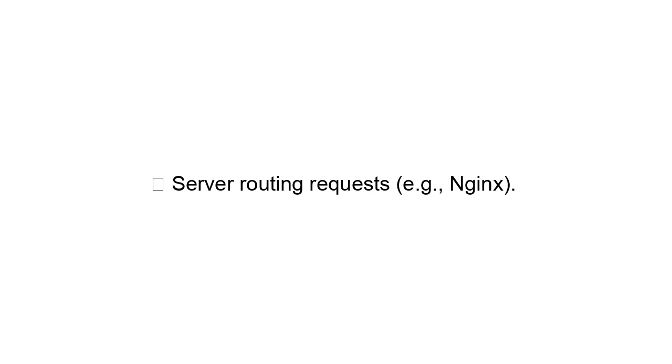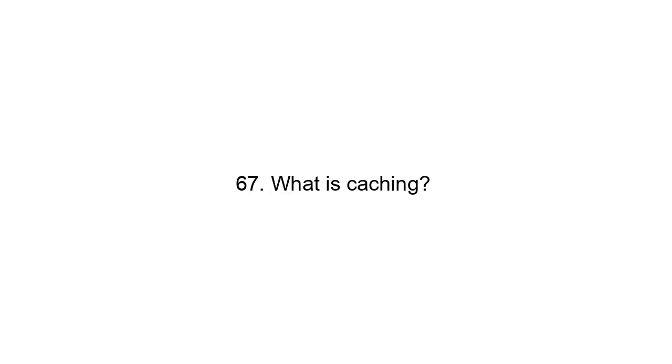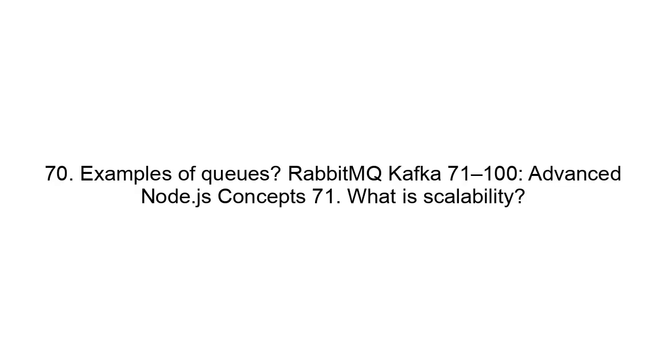Server routing requests, e.g., Nginx. 67. What is caching? Storing frequent responses. 68. What is Redis? In-memory cache database. 69. What is message queue? Async communication system. 70. Examples of queues: RabbitMQ, Kafka.